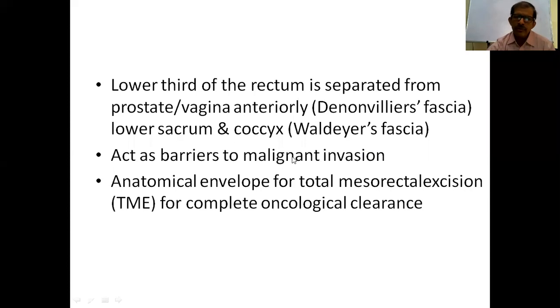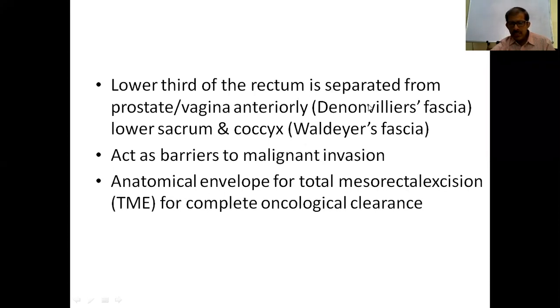If there is any carcinoma of the rectum and you can remove these layers, then you are sure that there is no recurrence. If you traverse these fascia, that means you have compromised, and there is a chance of recurrence. So this fact is what I have given here: the anatomical envelope of the total mesorectal complex.